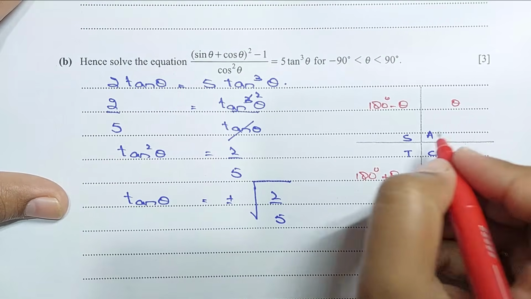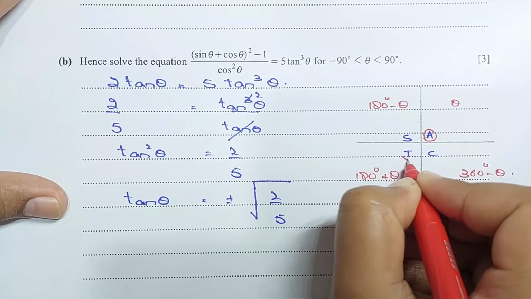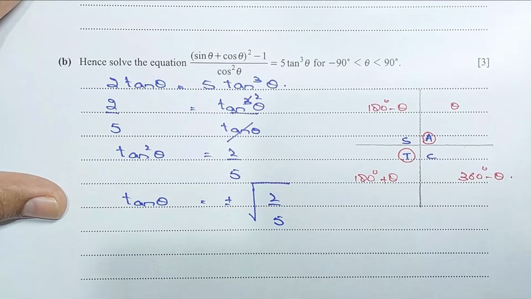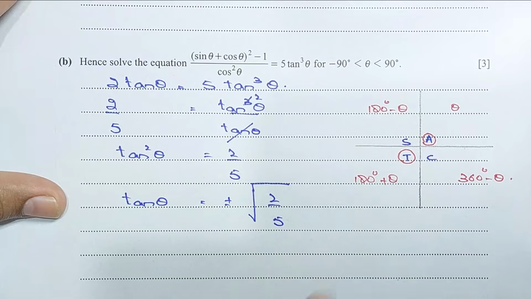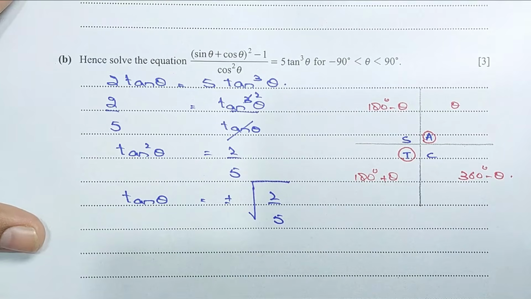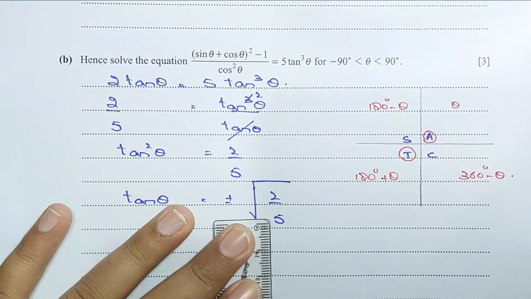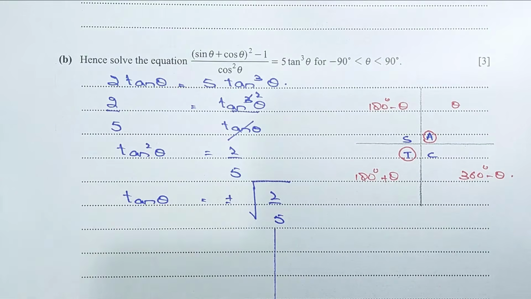So tangent is positive in the first quadrant and in the third quadrant, and it is negative in the second and fourth quadrant. Yes, so we have the two cases, sorry, not the two equations.